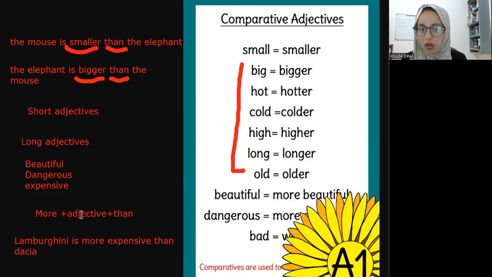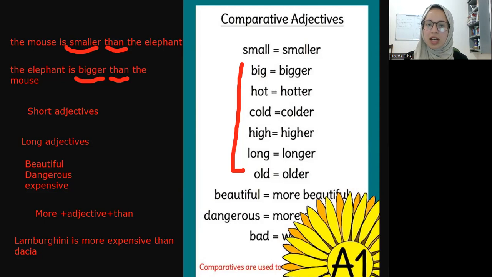And also the long adjectives, هذه النعوت الطويلة: beautiful, dangerous, expensive. You have to give me an example and I will correct it. Perfect.